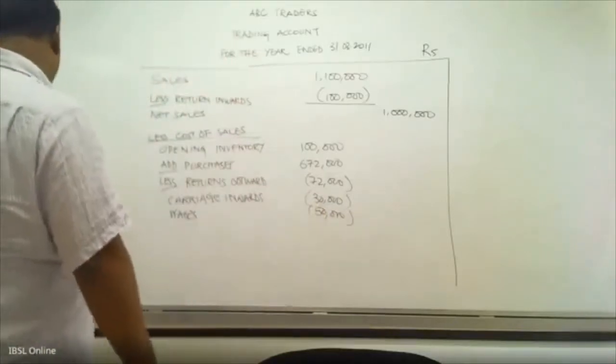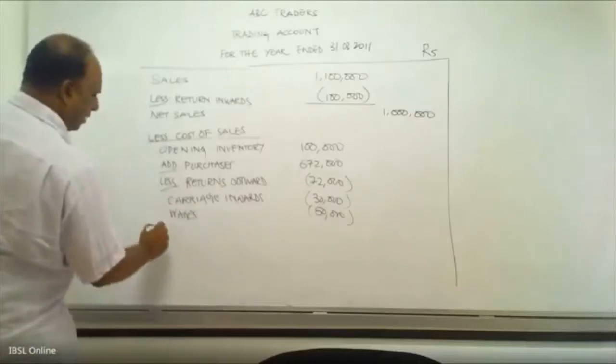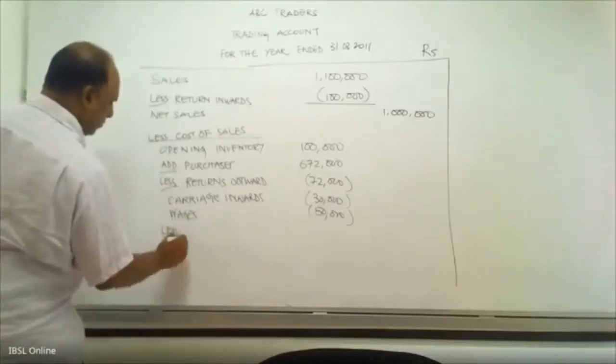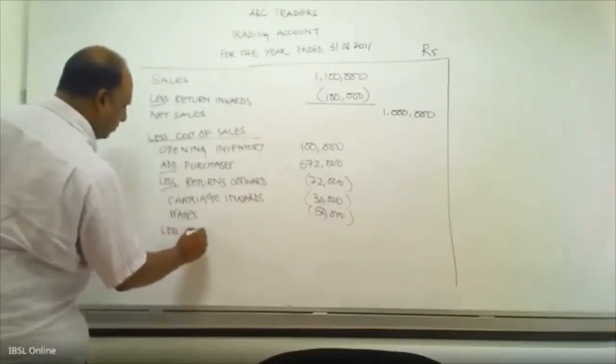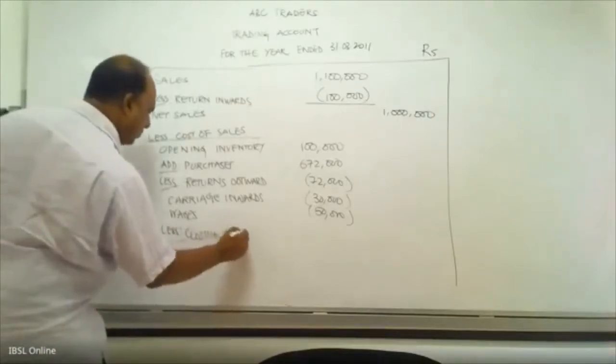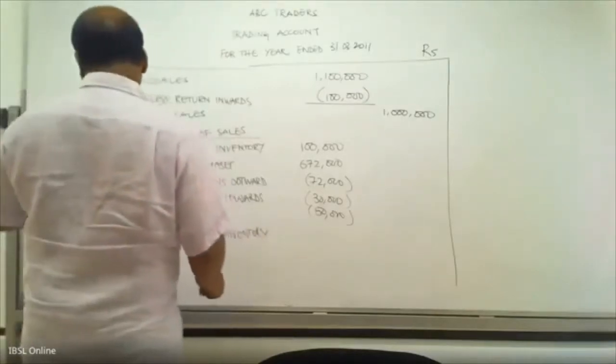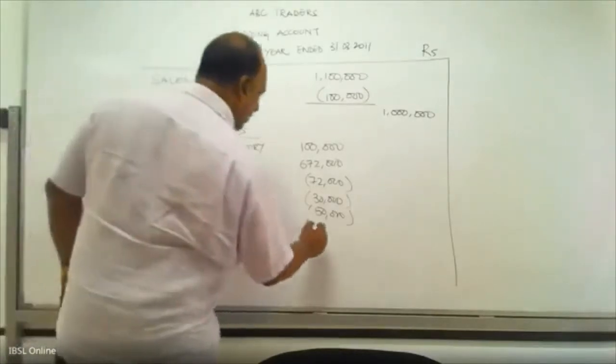Okay. So from this you will deduct, less, closing inventory. Closing inventory is basically 2 lakhs.